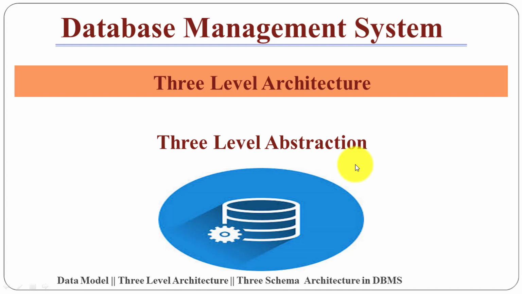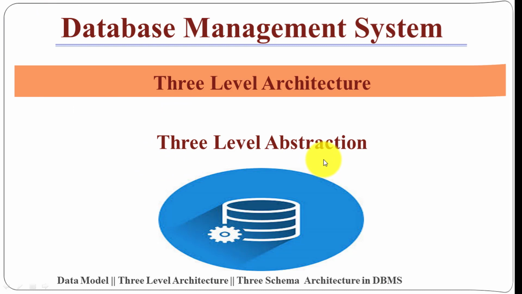When we come to the design of a database, we first come to the data model, which is an architecture or one kind of blueprint that we already discussed in the previous video. Now we are going to learn what is the three-level architecture and what is three-level abstraction. So let's start.